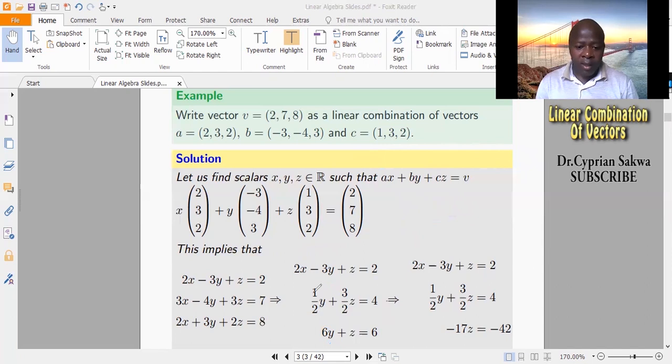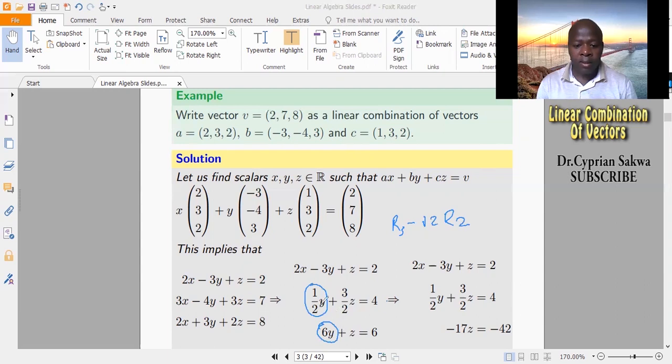Now, from there, I want to use this element to have a 0 in this position. So again, how do I achieve that? By multiplying this row by 12 and then subtracting from this row. So I have row 3 minus 12 row 2.